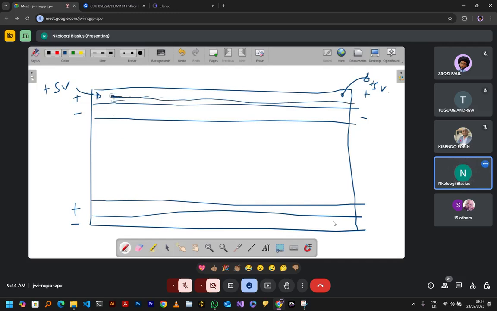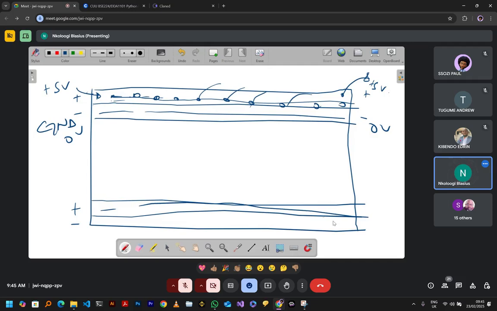So we'll be seeing some holes. The purpose of these holes is for you to tap in different connecting wires to get the power from that point. Also, the negative is where you have the ground, the GND. Still, there is a connection. If I tap from this end, I'll get 0V, and also from this end, I'll get 0V. Then what happens on top is what happens on the bottom also.